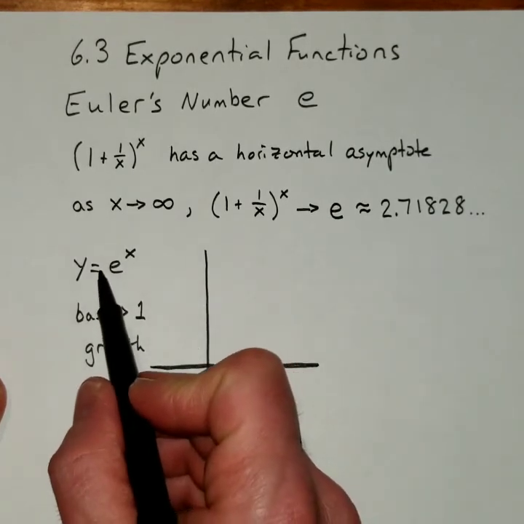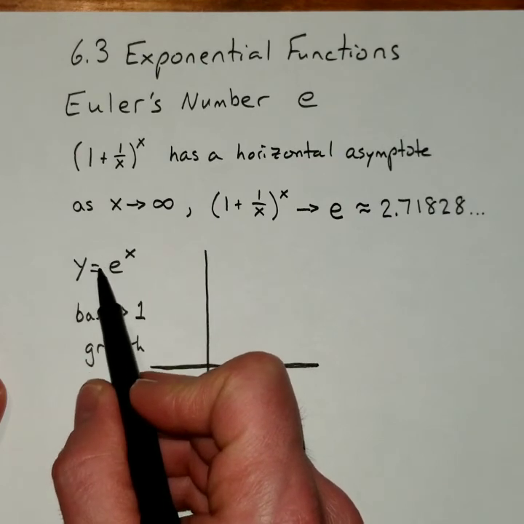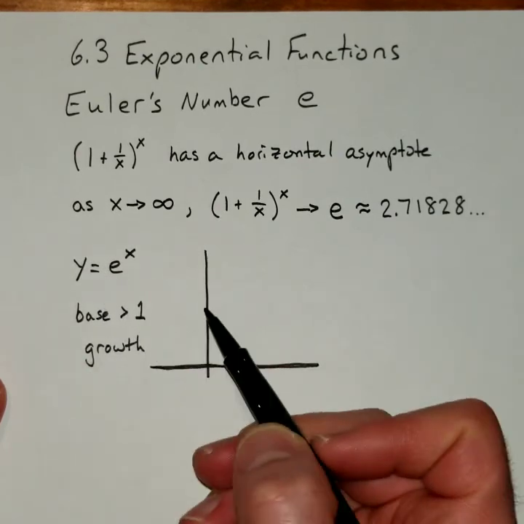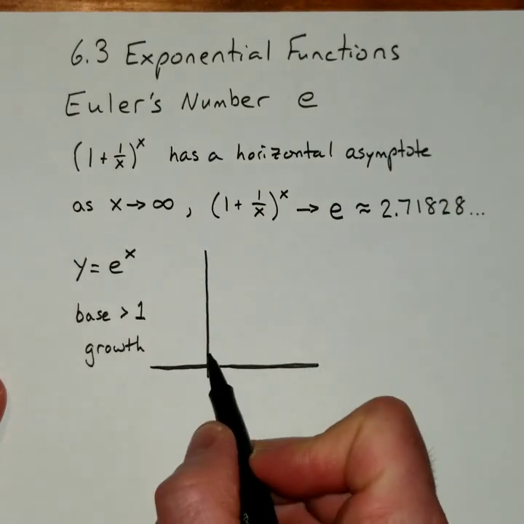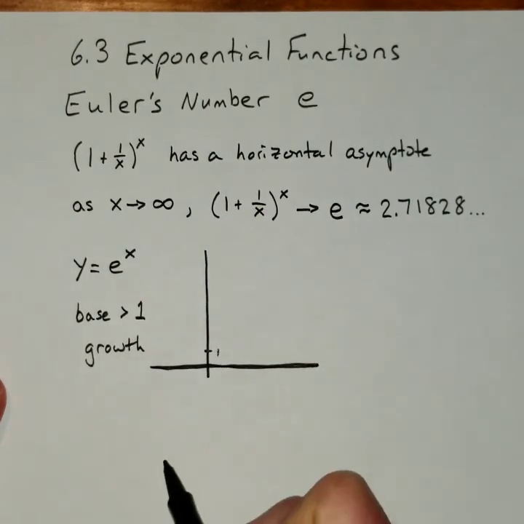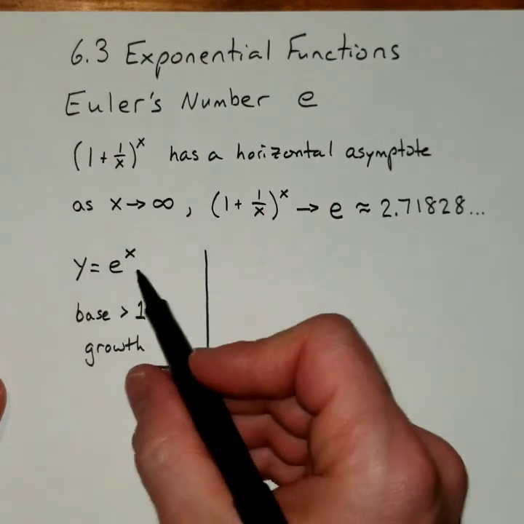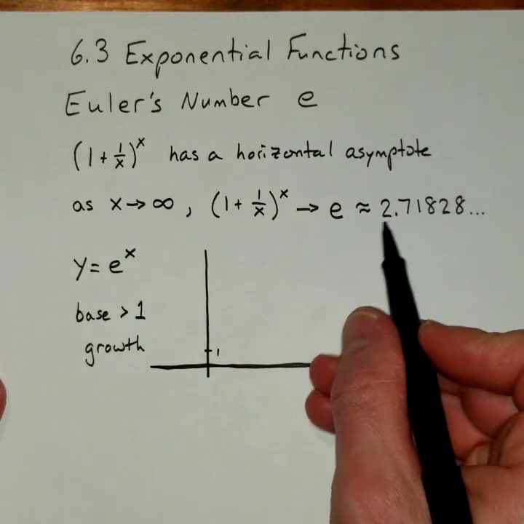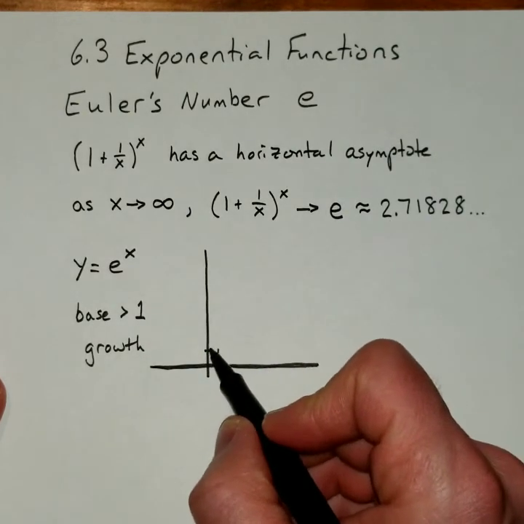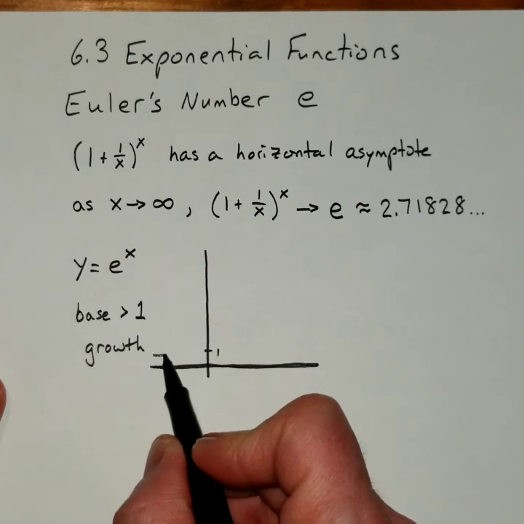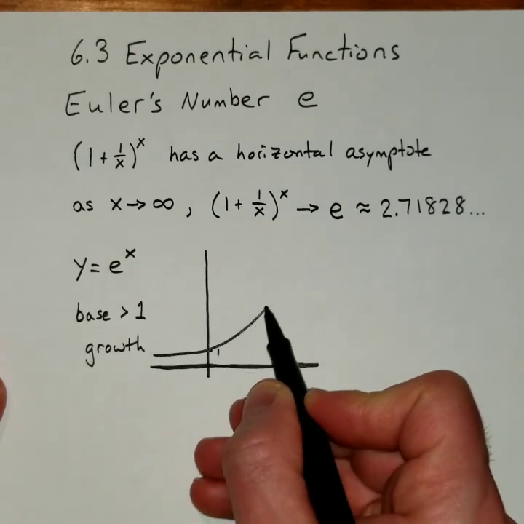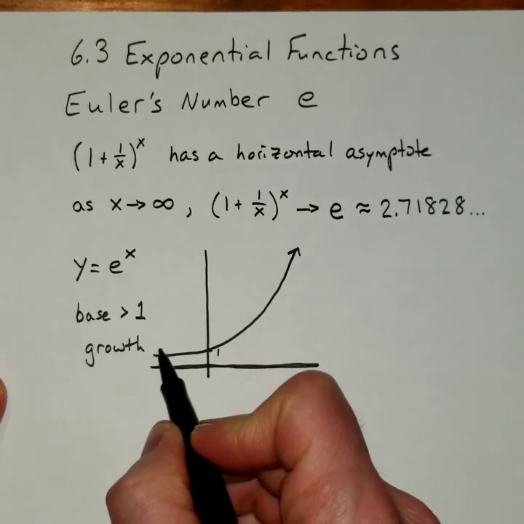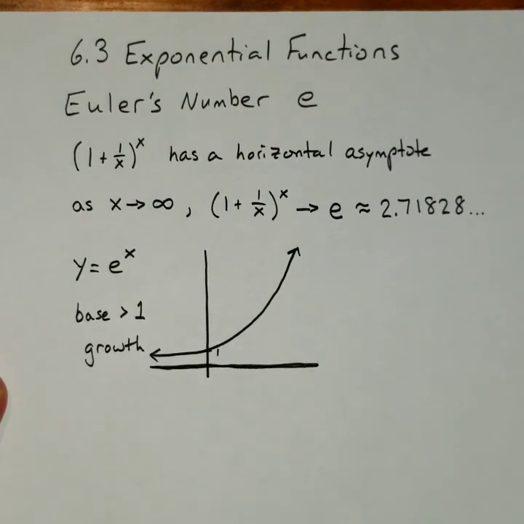It has a y-intercept of 1 because the coefficient here, we don't write it in, but it's a 1. And the base is greater than 1, which means that it's going to be growing. So we have a function that is always increasing. Okay, so that's roughly what our e^x looks like.